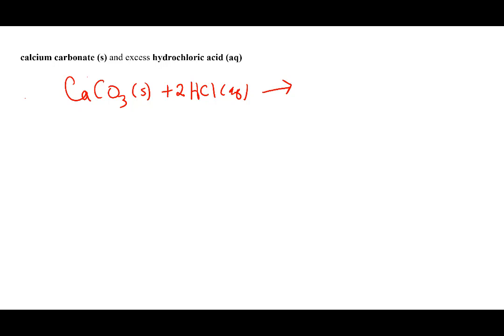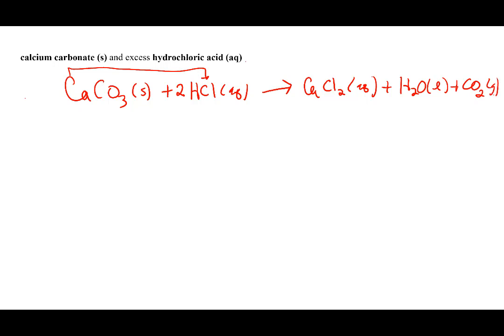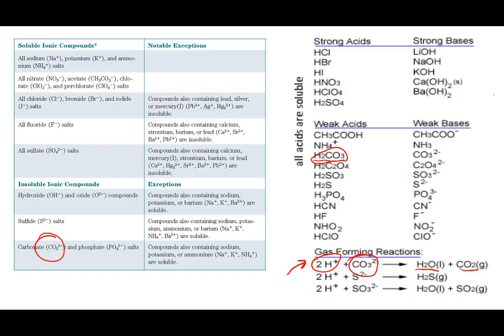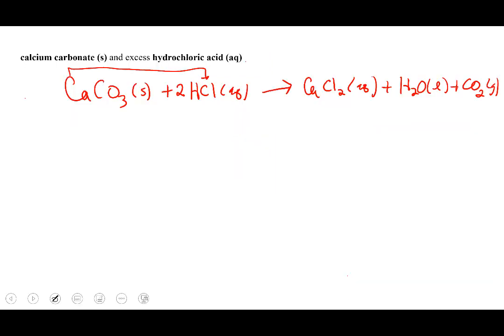And what we're going to make is the calcium's going to go with the chlorides. So we're going to make calcium chloride. That'll be aqueous. But then instead of making H2CO3, we're going to make water as a liquid and CO2 as a gas. So you need to remember that the gas-forming species are carbonate, sulfide, and sulfate.